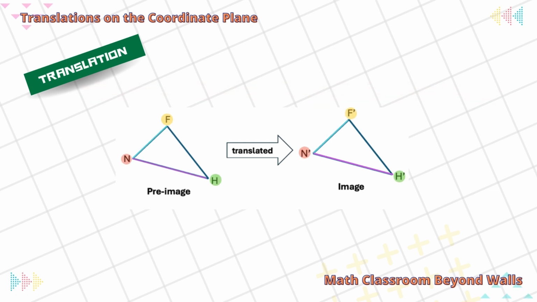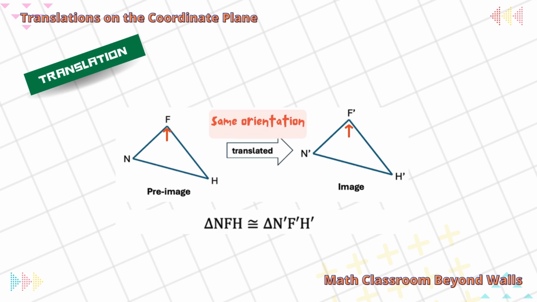Here, we say that the preimage triangle NFH is congruent to triangle N prime, F prime, H prime, the image. Learners, you have to remember that orientation is also the same before and after a translation. What is changed is the location of the image.